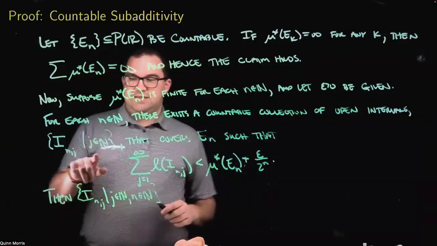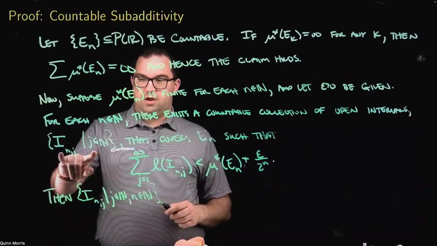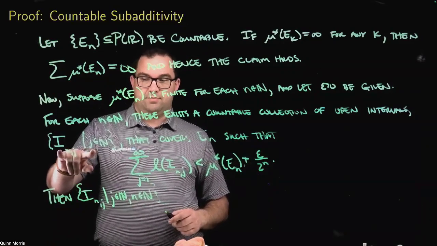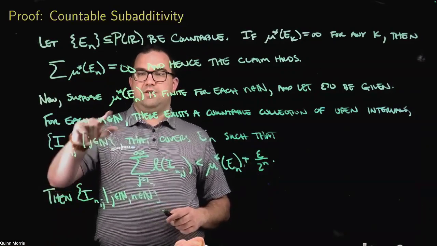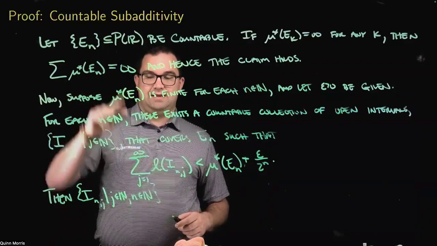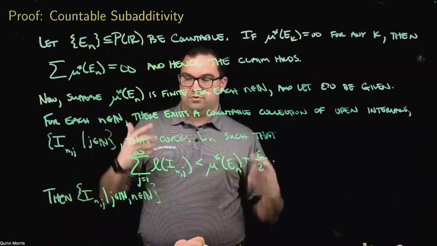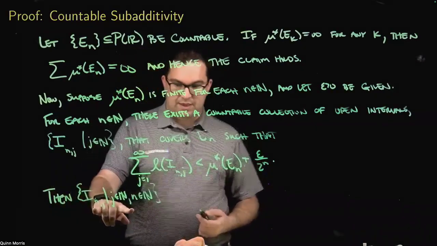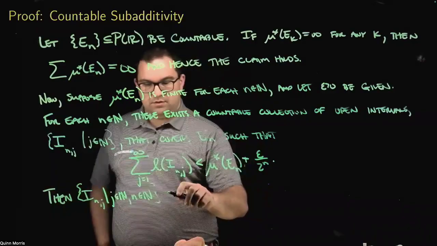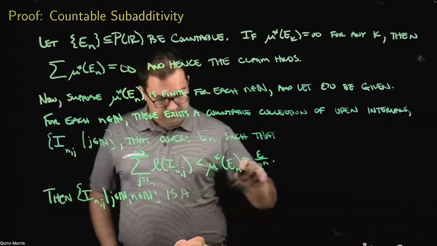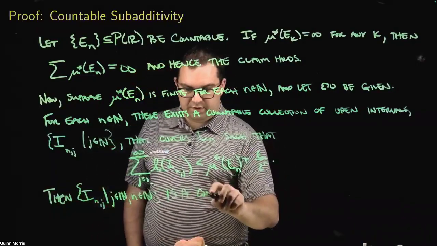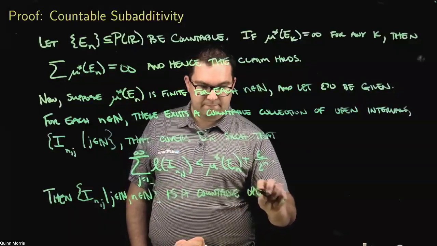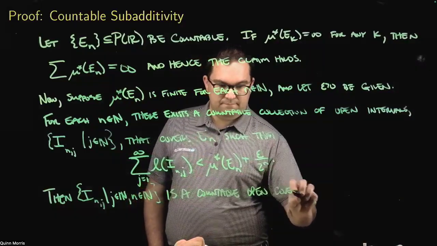What is this? This is a countable union of countable sets. There were countably many things for each n, and then there are countably many sets E_n. The countable union of countable sets is countable. So this is a countable collection of sets, and it covers E. So this is a countable open cover of E.